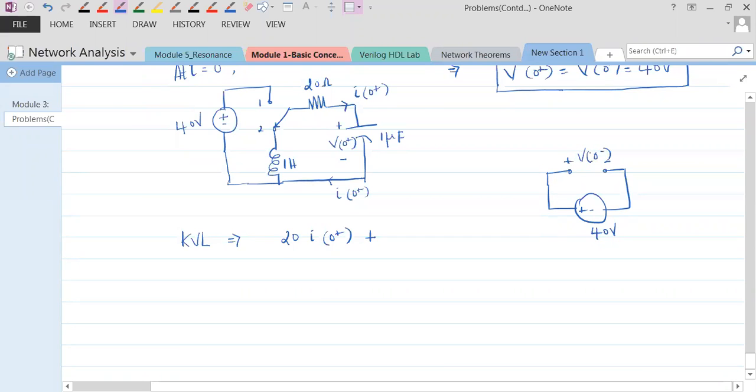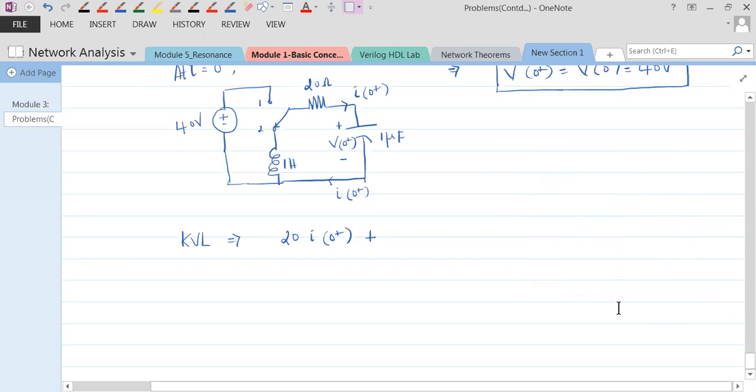If you just apply KVL, you will see that it's minus 40 plus V of 0 minus equal to 0, which implies that V of 0 minus is equal to 40 volts. So sometimes, though the current is not flowing, there would be a voltage drop across the open circuit terminals. This is something that one needs to be a little careful about.